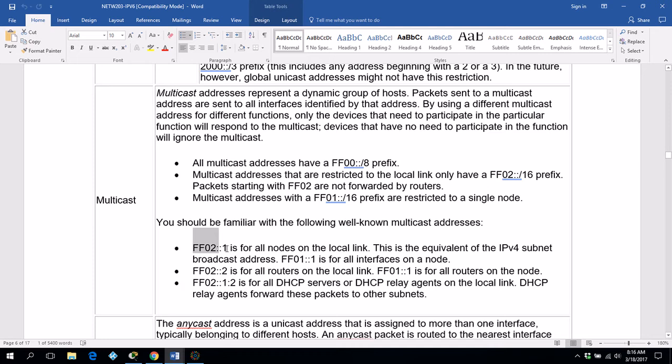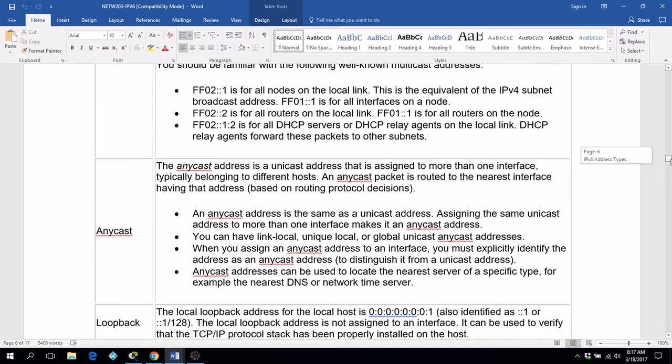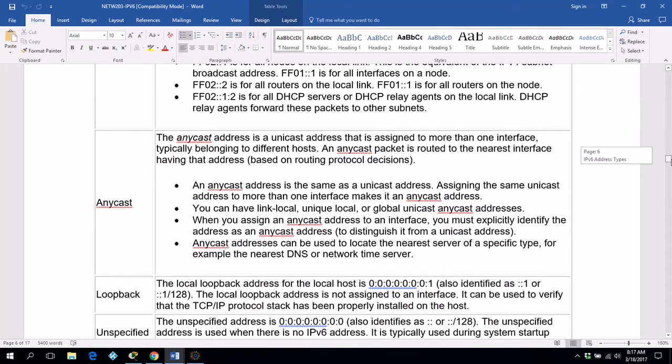So if anyone wants to send a broadcast message to everyone in the LAN, they will have FF02::1 stamped as the destination IP address on the packet, and everyone in the LAN will get it. But that's still a multicast address. We'll talk about multicast addresses in a different course, but it's a little bit beyond the scope of this course.